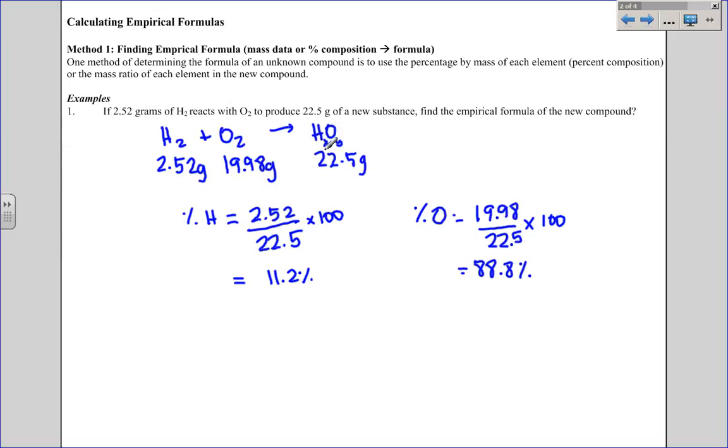So not only is this an atom ratio, it's also the mole ratio. So for every X number of moles of hydrogen, we have Y moles of oxygen. Just like for every 1 hydrogen, we have 1 oxygen. So let's use that information and determine the empirical formula.